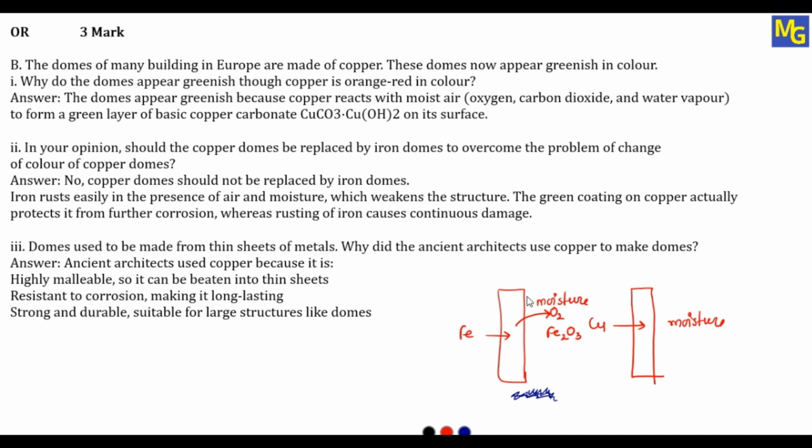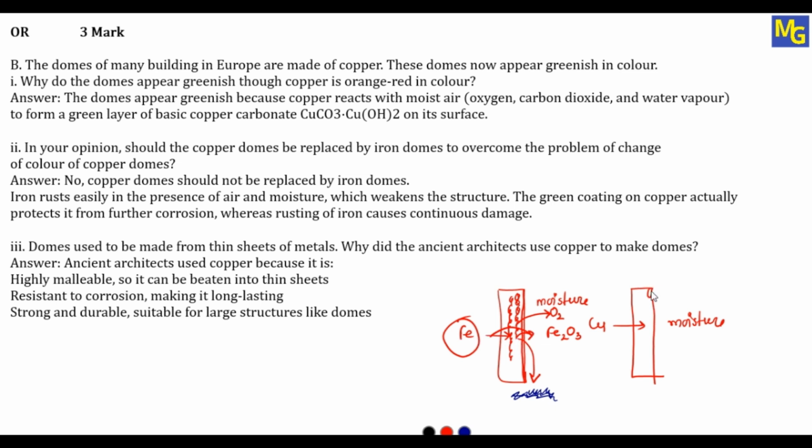And due to this, once the first layer of iron undergoes corrosion, it falls down as iron oxide. Then the second layer of iron atoms undergoes corrosion and falls down as iron oxide. Then the third undergoes corrosion, and like this corrosion will be continuous in case of iron. So it will destroy all the iron metal.